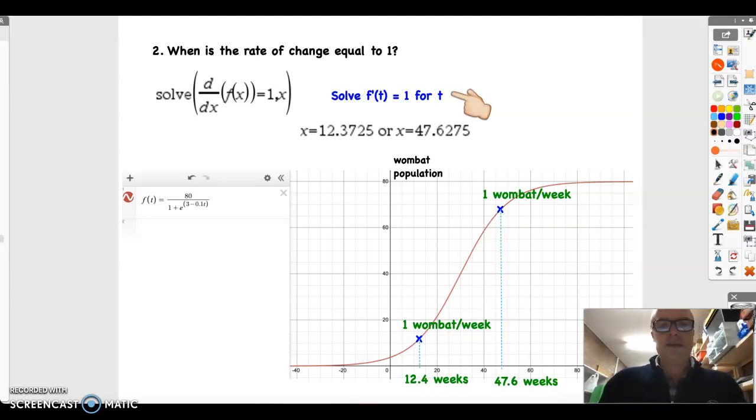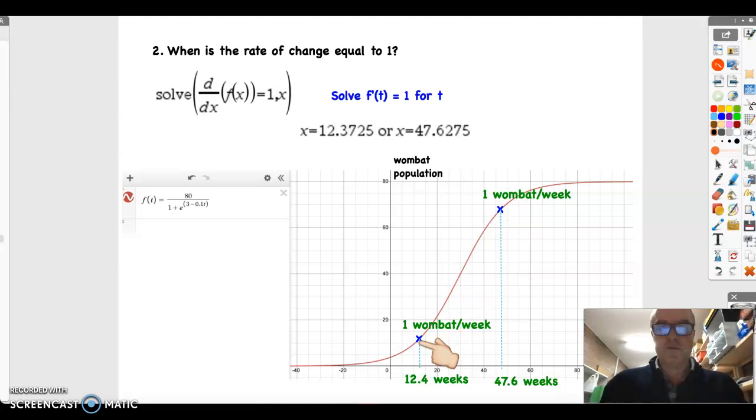The calculator gives us 2 solutions to this equation, roughly 12.4 and 47.6. So down here on the graph we can see there were 2 points in time during this period when the rate of change of wombats was 1 wombat per week.